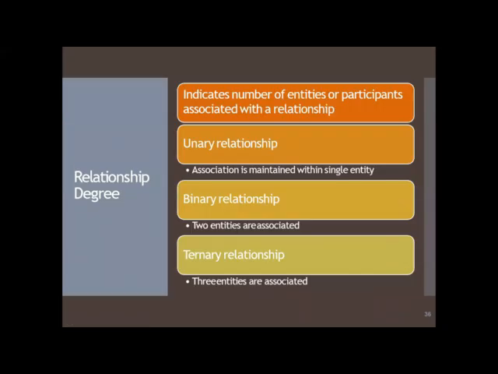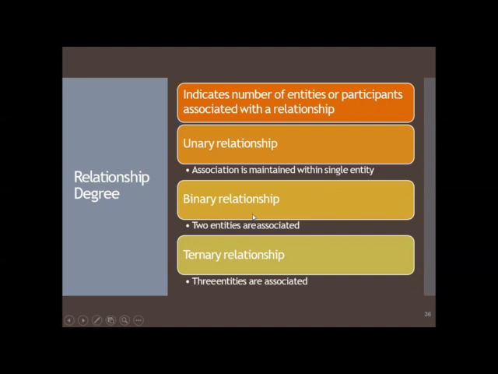Relationship degrees. The degree indicates the number of entities or participants associated with a relationship. In the unary relationship, the association is maintained within a single entity.